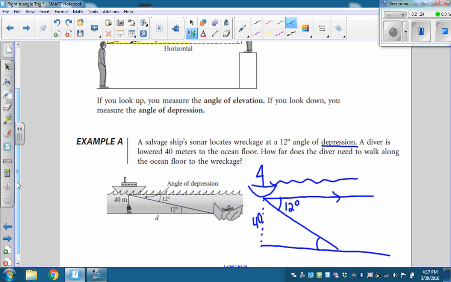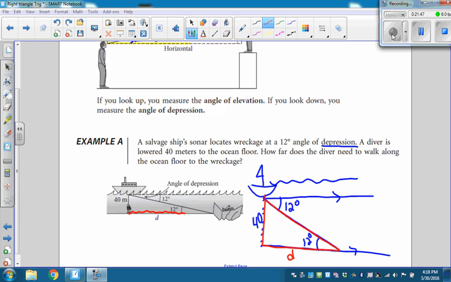Since the lines are parallel, you have alternate interior angles, so you have 12 degrees here. So you end up having a triangle right here. You can use that triangle to find the distance. How far does the diver need to walk along the ocean floor? So here's your little diver.